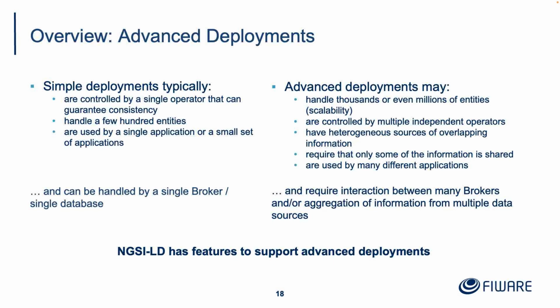Not a problem. The problem occurs when you need to start adding in multiple brokers talking to potentially multiple thousands or even millions of entities across different systems. You could have some bits of data in one context broker, some bits of data in another.